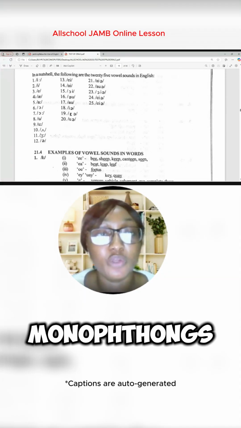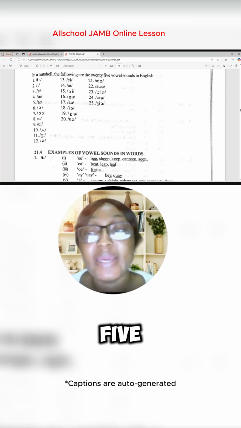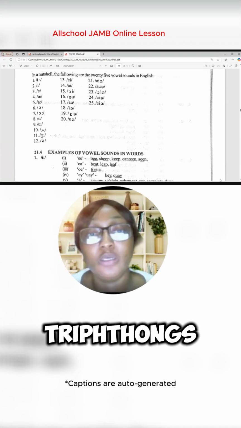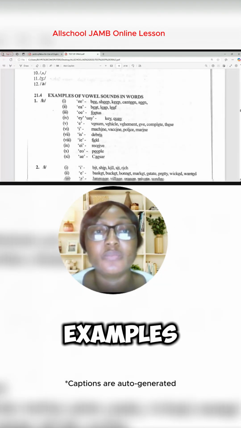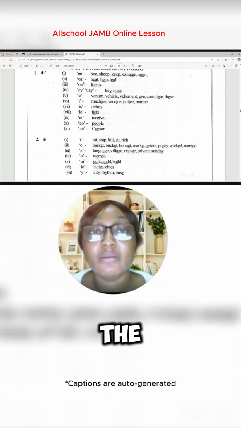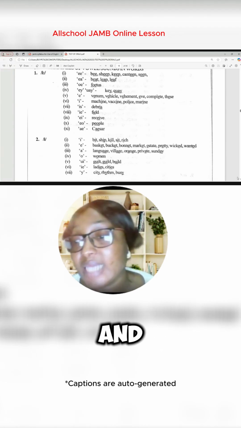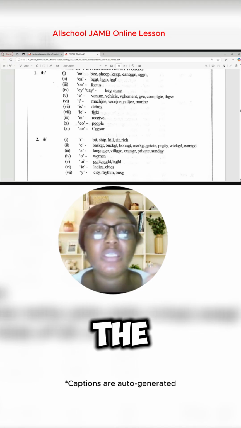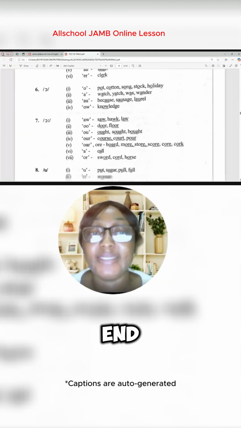These ones are the monophthongs: 12 monophthongs, 8 diphthongs, and 5 triphthongs. We've looked at all of them. We've also looked at word examples, the letters, that's the graphemes for each of these sounds, how they represent the sounds, and the word examples for each sound from beginning till the end.